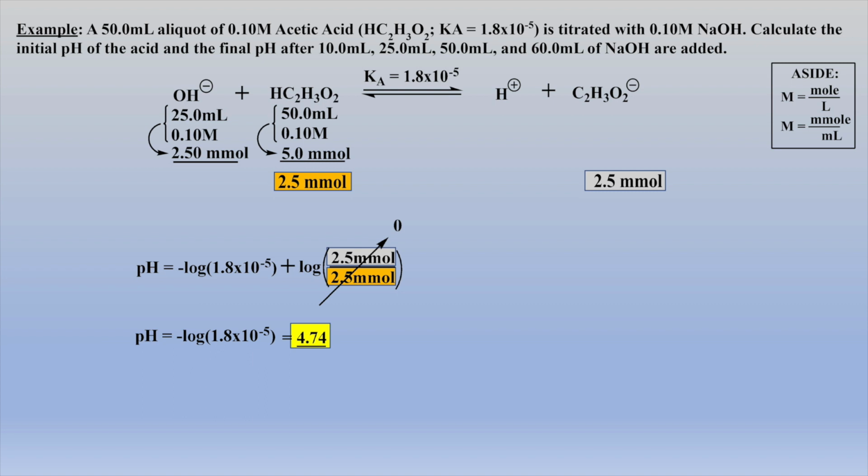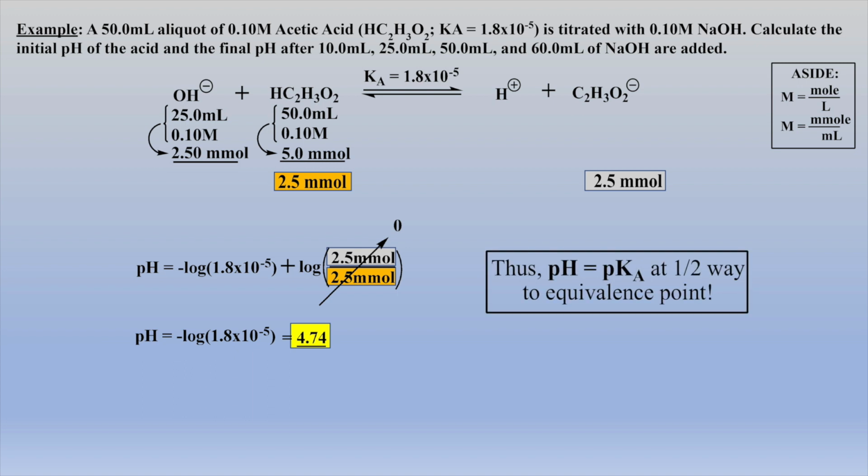Upon closer examination of the pre-equilibrium calculation, one notices that millimoles of acid equal millimoles of conjugate base, which will simplify within the Henderson-Hasselbalch equation. Thus, when millimoles of acid equal millimoles of conjugate base, we are halfway to the equivalence point, and the pH is simply going to be equal to the pKa of the weak acid.